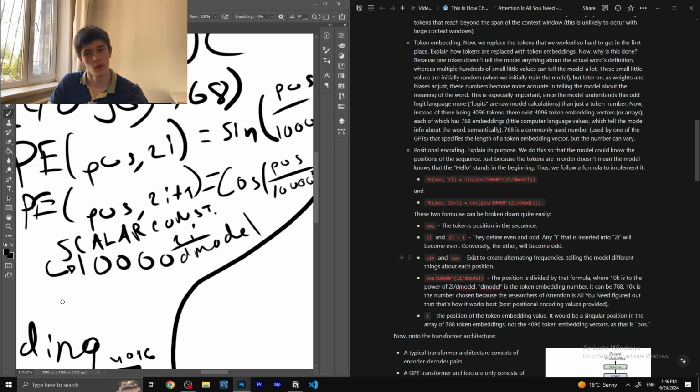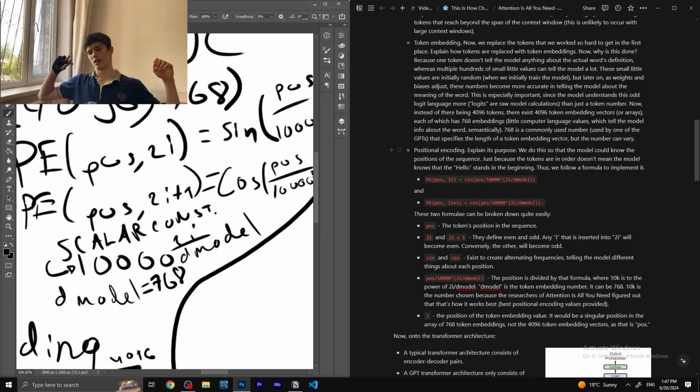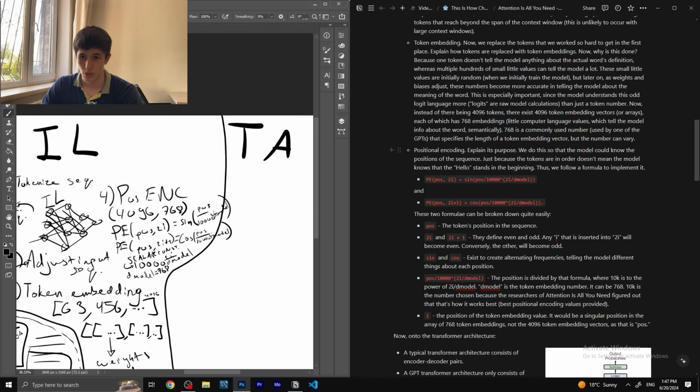Now, d_model, what is d_model? In the GPT case, it's 768, I think that's with GPT-2. I'm not sure, but I think GPT-3 has more token embeddings, but 768 would be the case here. So that's how it looks.